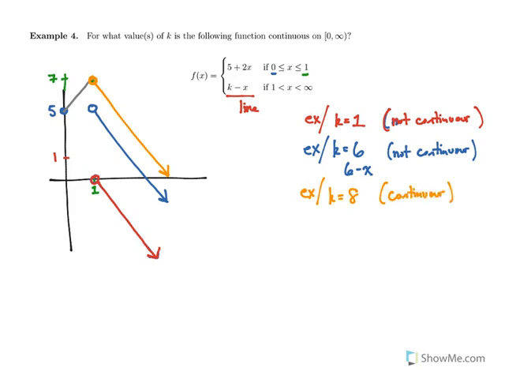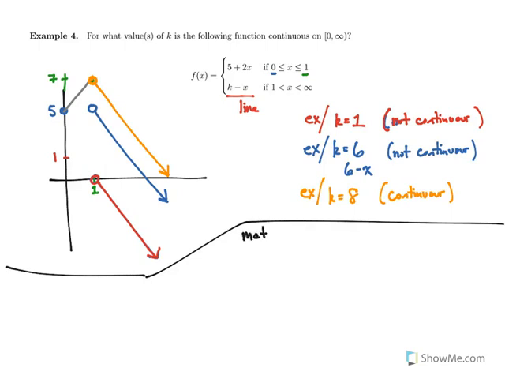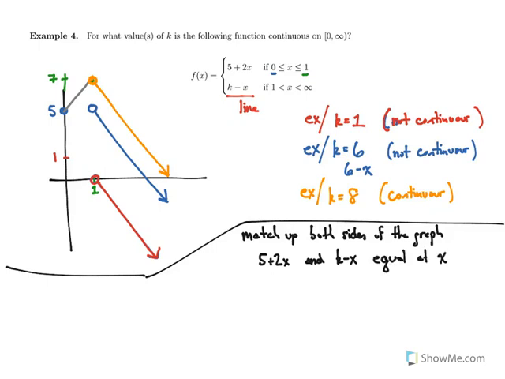All right, now I didn't just come up with that out of nowhere. We can do this completely algebraically, and this is the way that we'll do a problem like this. We are trying to match up both sides of the graph. That means that we want 5 plus 2x and k minus x to be equal at x equals 1.